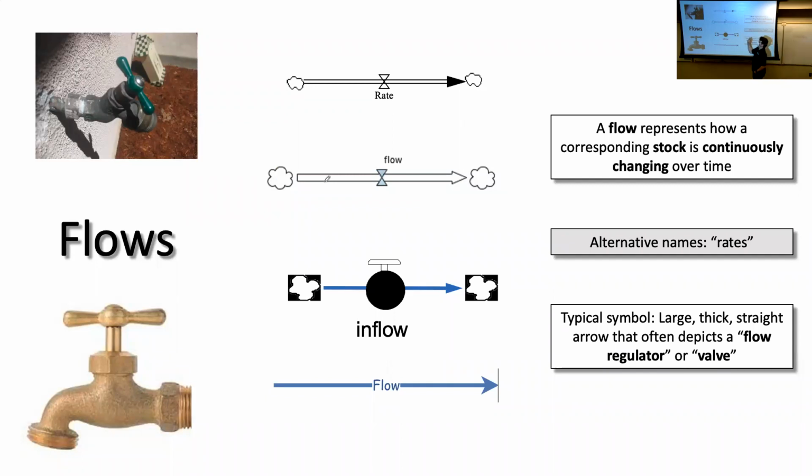You might have an inflow to one stock, but we don't want to show that it's taking away from another stock, since it might be coming from an unlimited supply, so they put a little cloud to show there are no limitations on the flow. But sometimes you can connect two stocks together so that as one stock gets some inflow, there's a corresponding equivalent outflow from the other stock. So those are the symbols you'll see with flows.